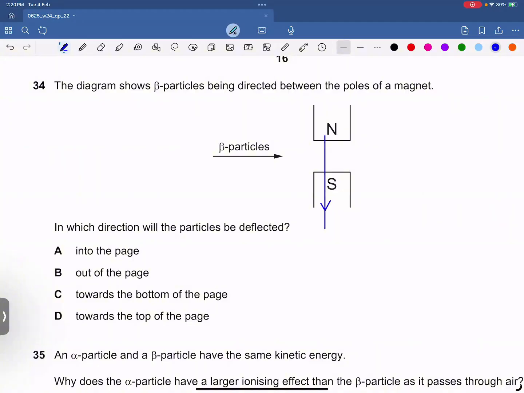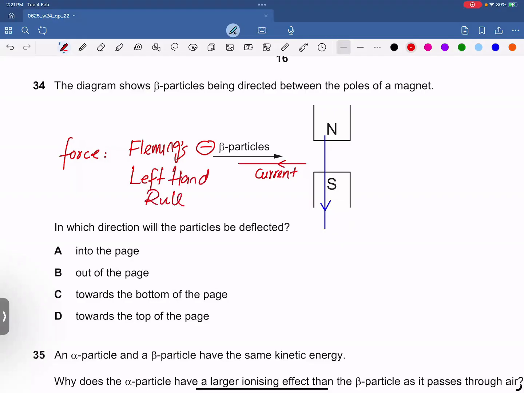If beta particles are going there, beta are negative. So ideally there is a conventional current which is opposite to the beta. Now, whenever you want the force due to current, you use Fleming's left hand rule. Now look here, my dear, I will show you how we do it.